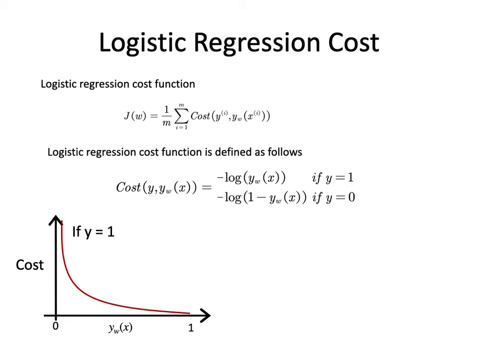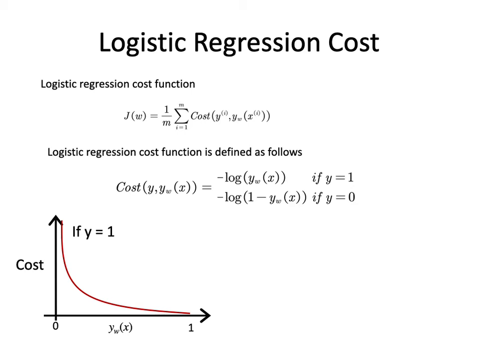So we want to assign more punishment when the model predicts 1 and the actual output is 0, and when the predicted output is 0 while the actual output is 1. For this kind of loss function, we use the maximum likelihood estimator from statistics, and we can obtain the following cost function, which produces a convex space friendly for optimization, and this function is known as the binary cross entropy loss.